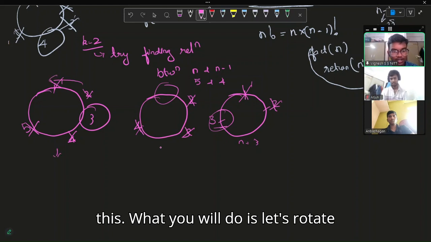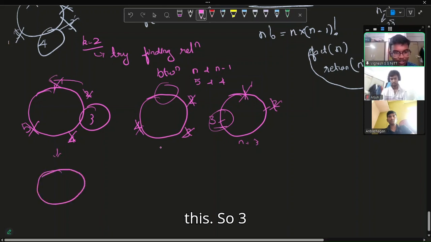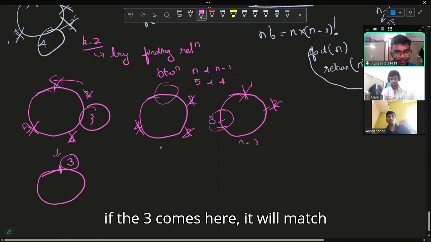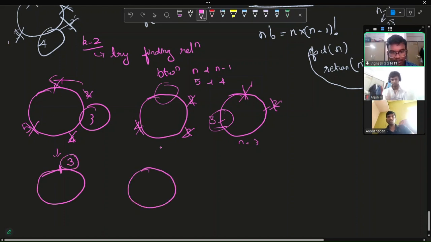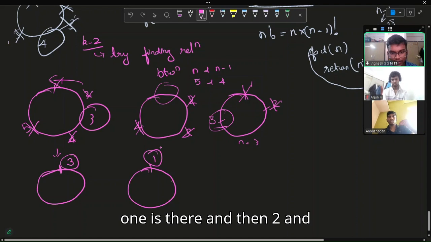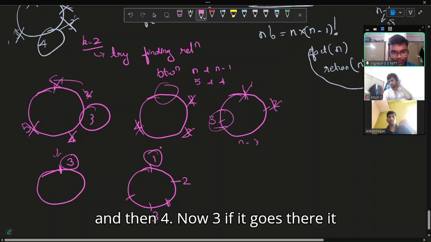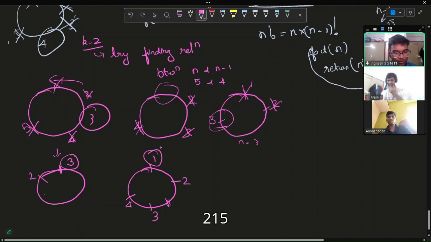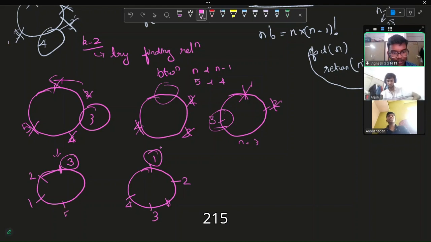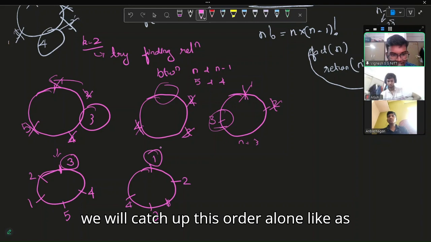Let's rotate this. If the 3 comes here, it will match exactly where the 1 is. 1 is that, then 2, and then 3, you can put it here, 3, and then 4. Now if 3 goes there, it goes like 2, 1, 5, and then 4. So we will take this order alone.